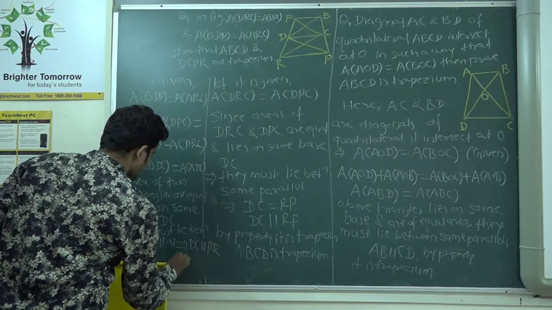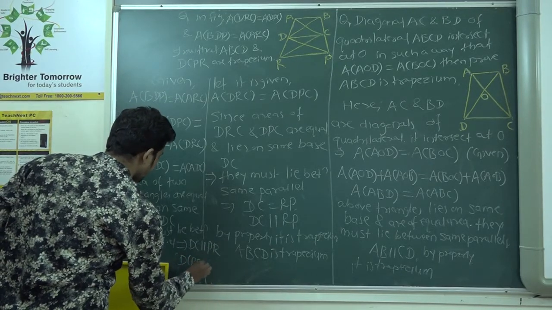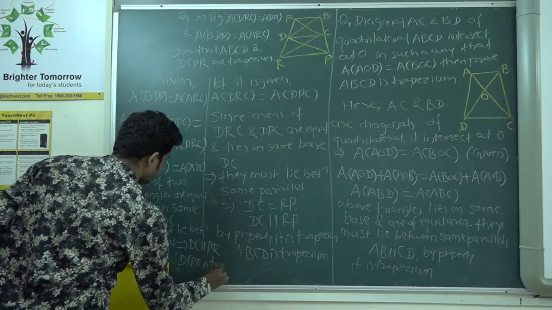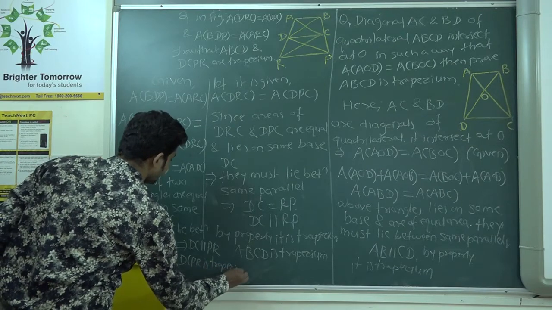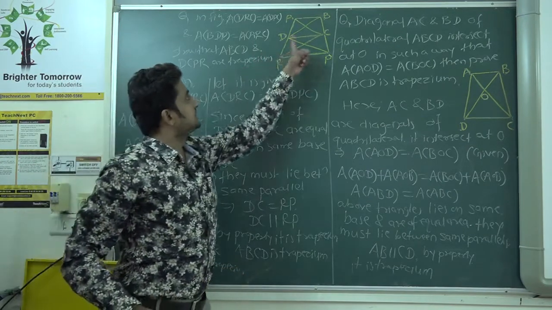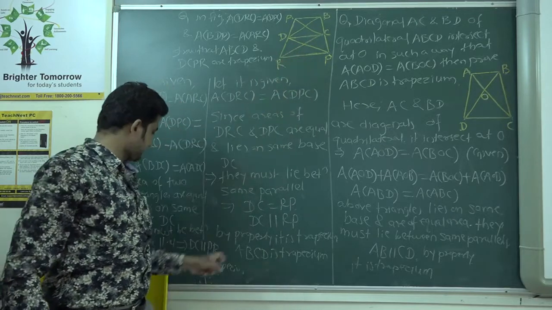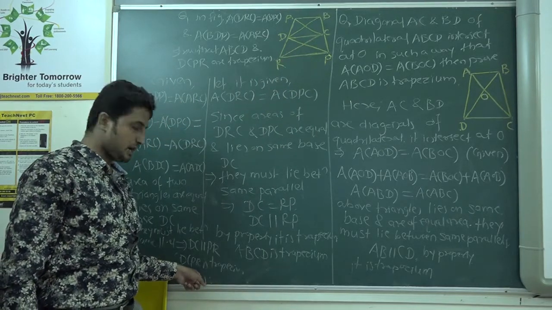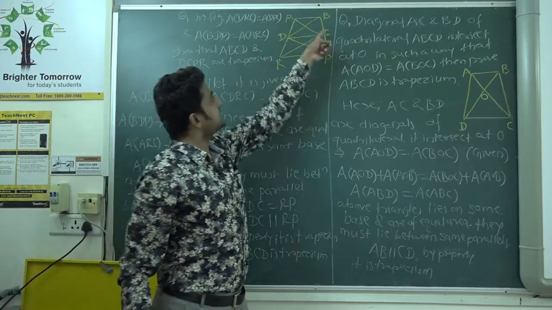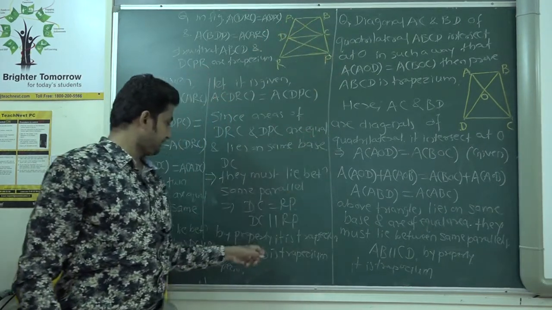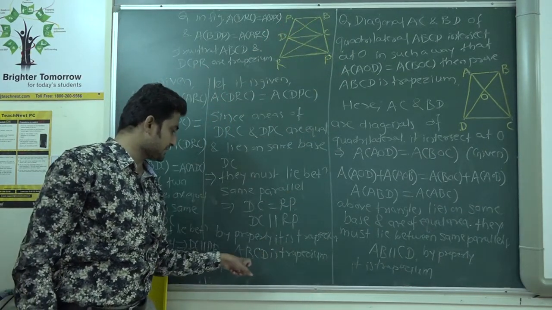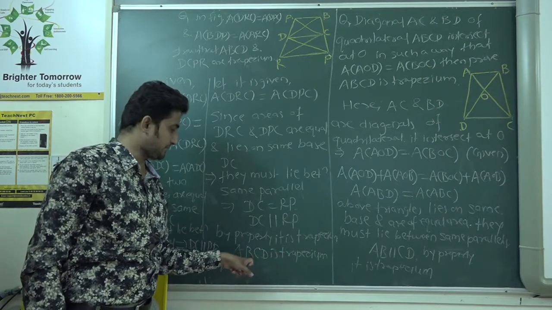Hence, DCPR is a trapezium. Okay. This side is parallel to this side, and by property it is a trapezium that we have shown here. And in this, AB is parallel to CD, and by property of trapezium, ABCD is also a trapezium.